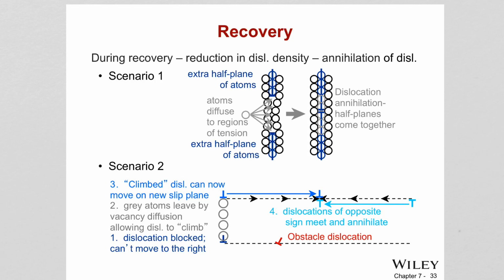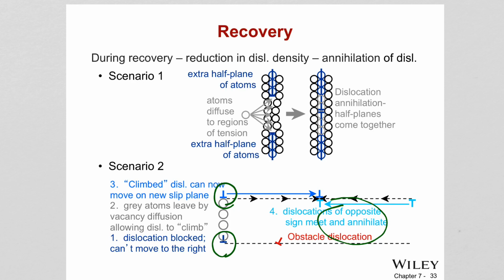They can either come together, maybe if they're on the same slip plane, or they can do climbing. Basically, if they are not on the same slip plane, one of the dislocations has to move to the same slip plane so they can come together and annihilate. All of these are possible. In the second scenario, the dislocation might not be able to move due to an obstacle, and then it might diffuse, also called climb.